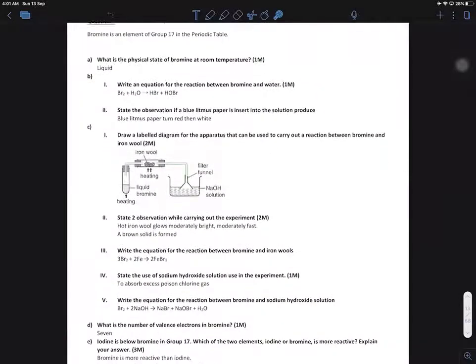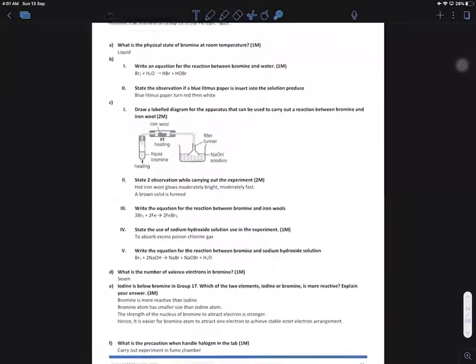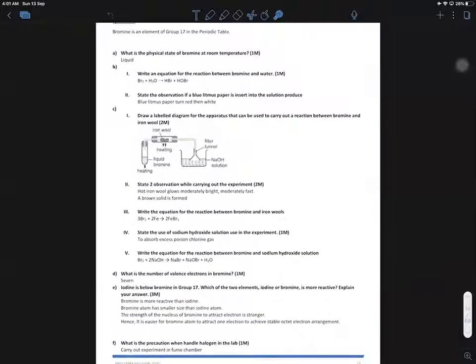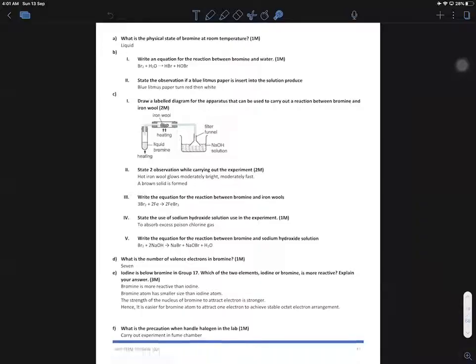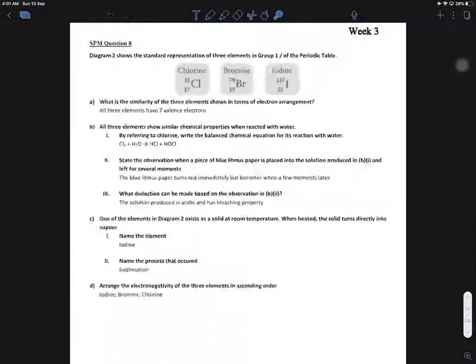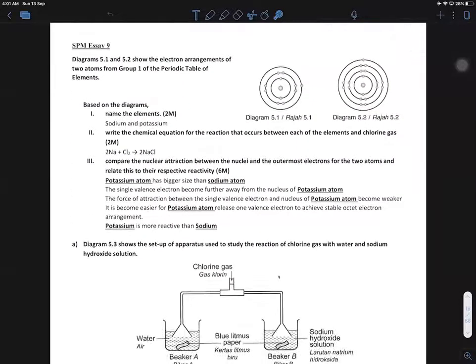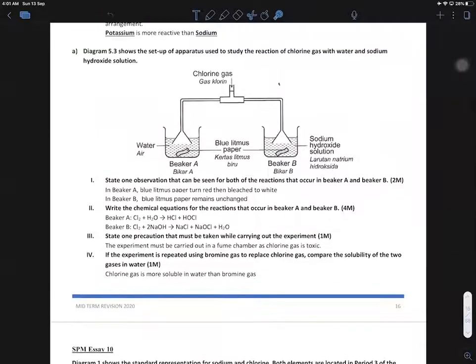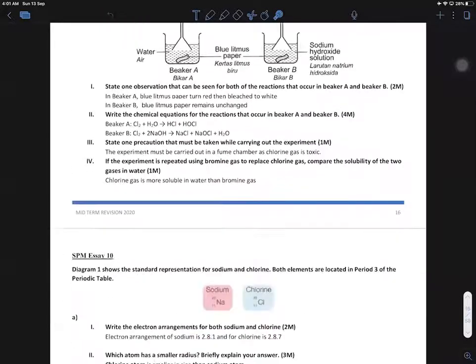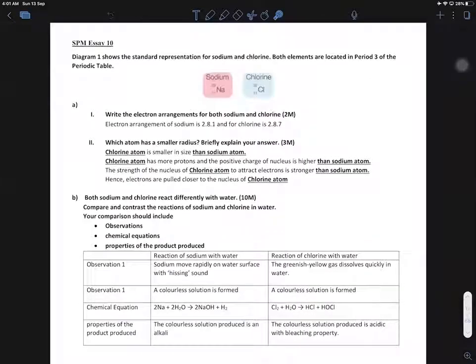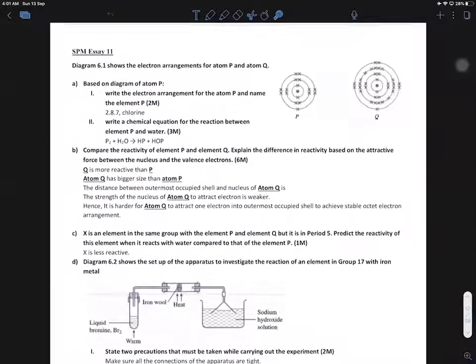Okay, next. Page 14. Page 16, page 17, page 18.